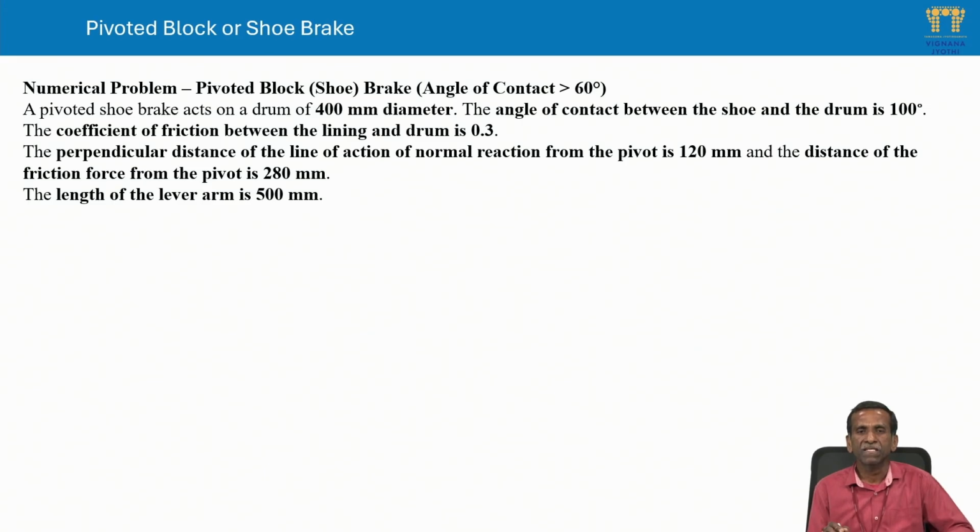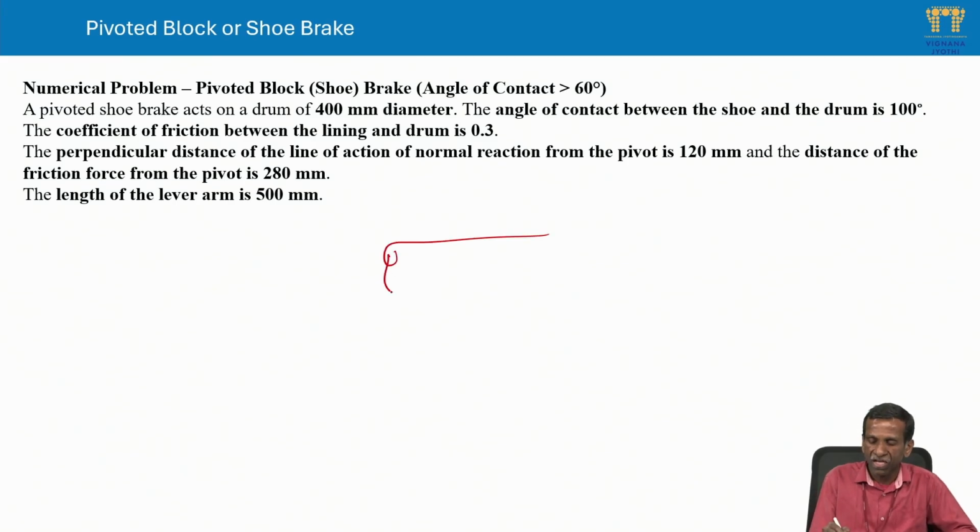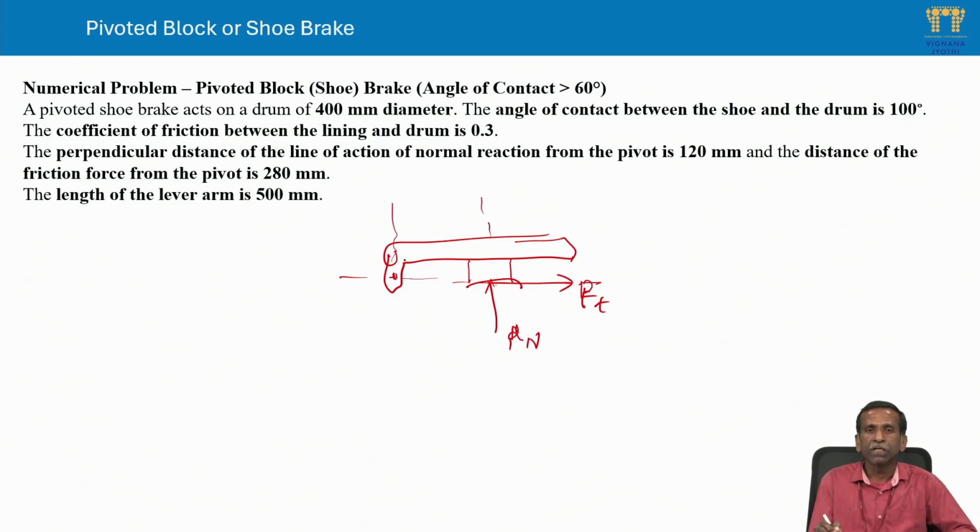The perpendicular distance of the line of action of the normal reaction from the pivot is 120 mm. Let us say this is the lever, the pivot, and this is the block. This is the normal force Rn, and the frictional force, if the drum is rotating clockwise, is Ft. We take the case where the line of action of this frictional force passes through the pivot, and the distance between Rn and the pivot is given as 120 mm.